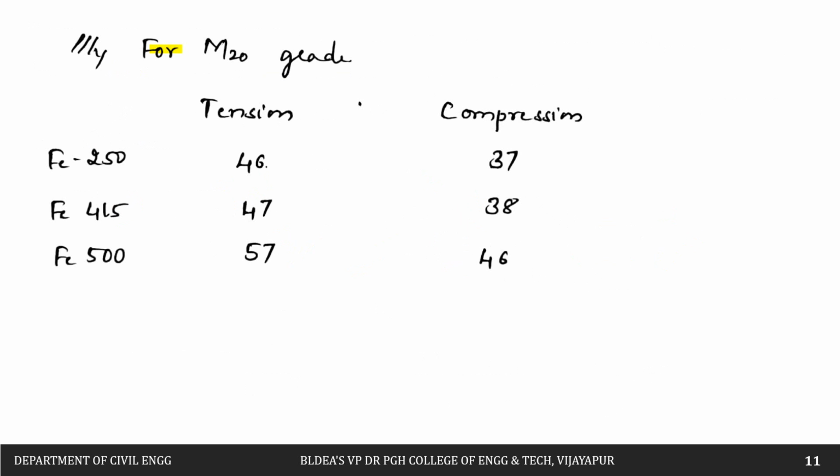Similarly, if we calculate for M20 grade of concrete for different grades of steel, that is Fe250, Fe415 and Fe500, for tension and compression, we get values somewhat like this: 46 times the diameter of the bar, 37 times the diameter of the bar, as we just calculated. Similarly for Fe415, we get 47 times the diameter of the bar and 38 times the diameter of the bar.